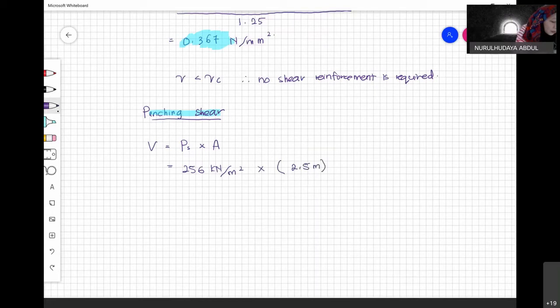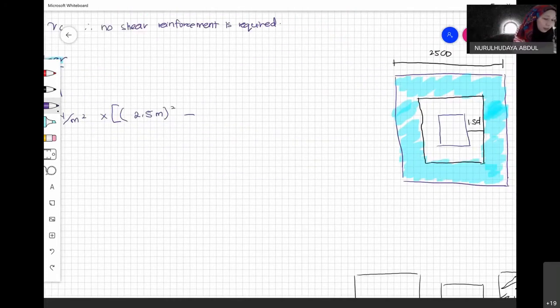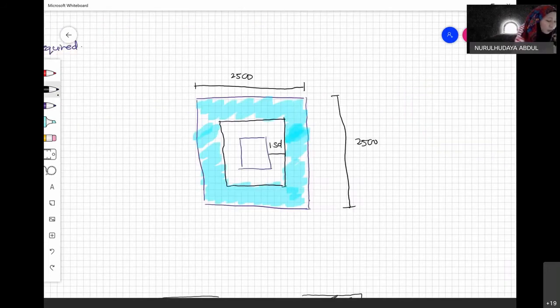Okay, obviously kena kuasa 2 sebab 2.5 meter darab 2.5 meter sama dengan 2.5 meter kuasa 2. Okay, and ini area yang kat luar. So kita minus dengan area yang dekat dalam. So area yang kat dalam ni kita nak cari. So 1.5D, so sekarang kita nak cari berapa panjang, sebab kita nak tolak dengan area yang dekat dalam ni.